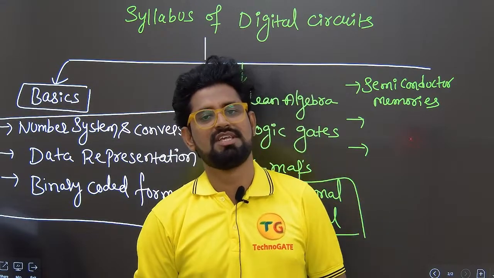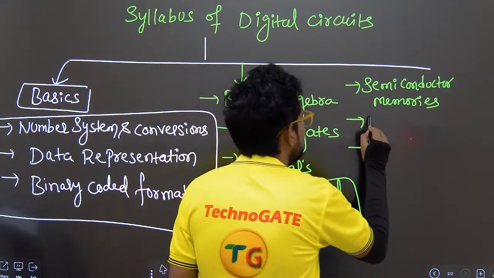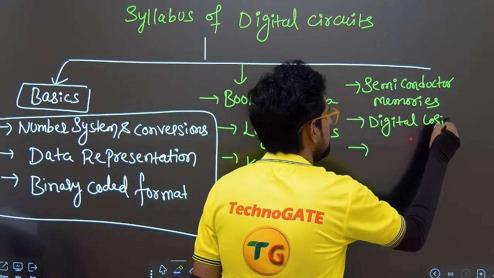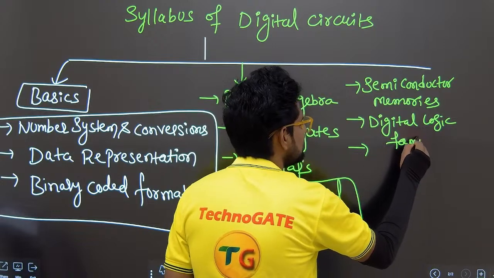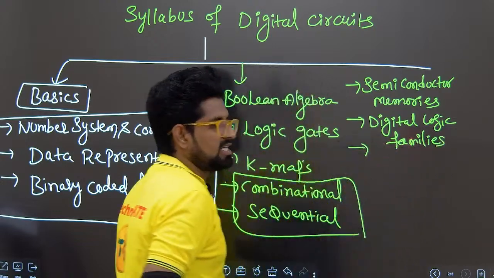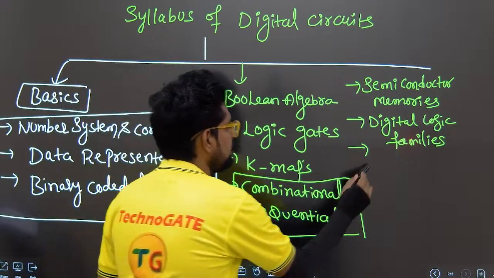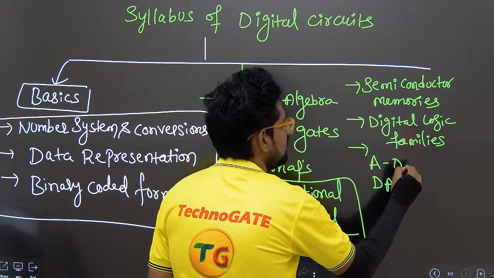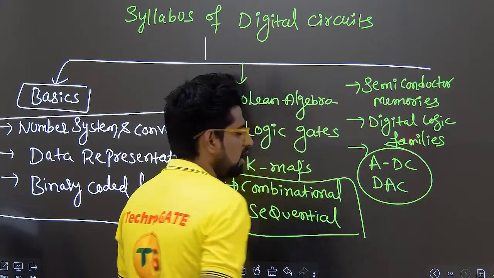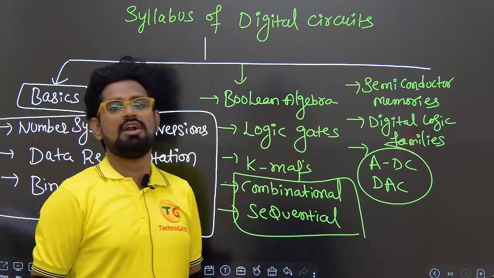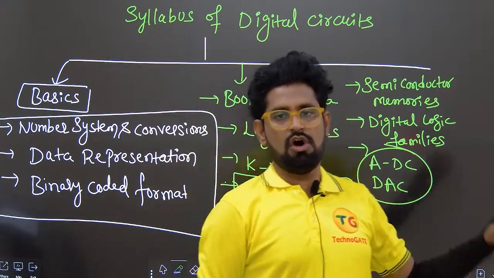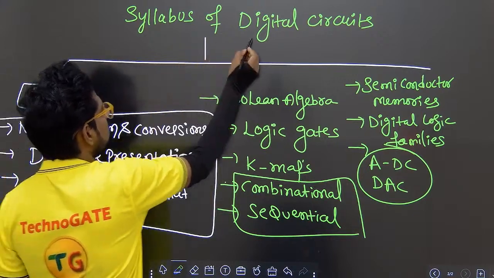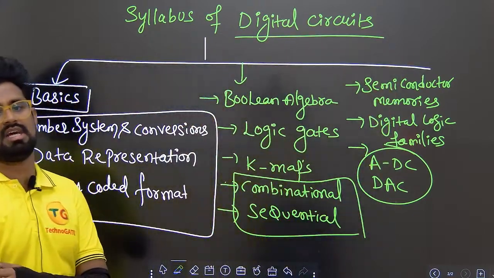After that, digital logic families. And finally, let's study analog to digital, A to D, and D to A converters: ADC, DAC, analog to digital converters and digital to analog converters. So all these modules are what we are going to study in the subject of digital circuits or digital electronics.